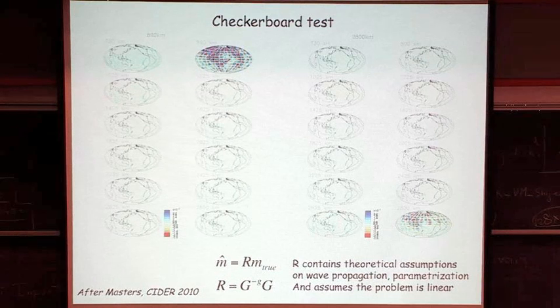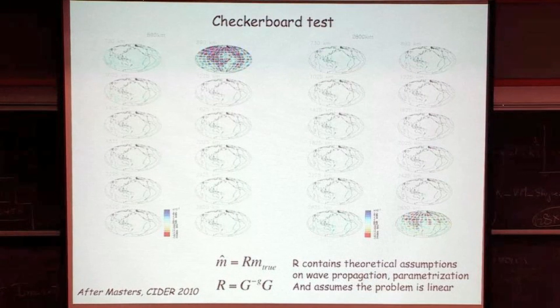For the regions that are well resolved, how well do you get the amplitudes? Well, you get them by comparison with the original checkerboard. I mean, it's not given here, but they're reasonably well resolved here. But again, with respect to the theoretical assumptions that you made.